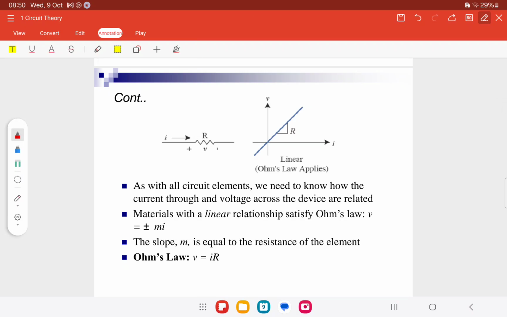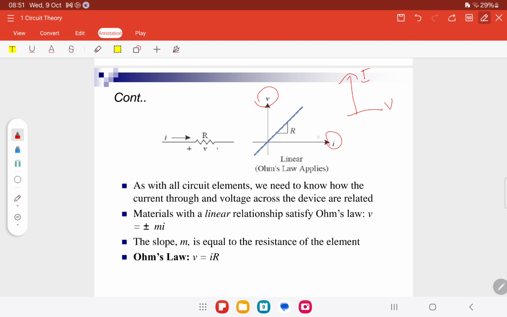Later when we do chapter 3, there will be IV characteristics. Okay, IV characteristic means that we plot the voltage and current. Sometimes some people plot I versus V. Okay, this is for IV characteristic.